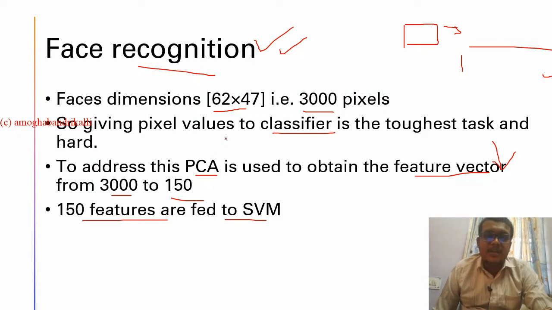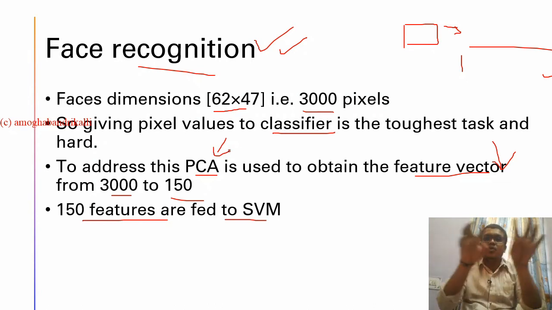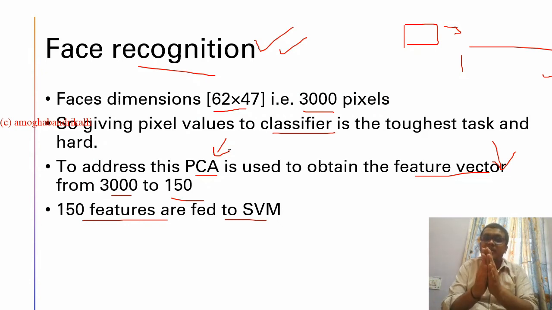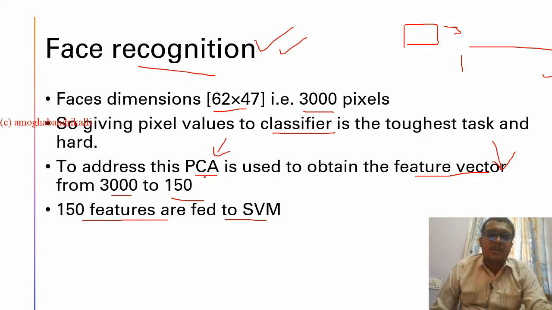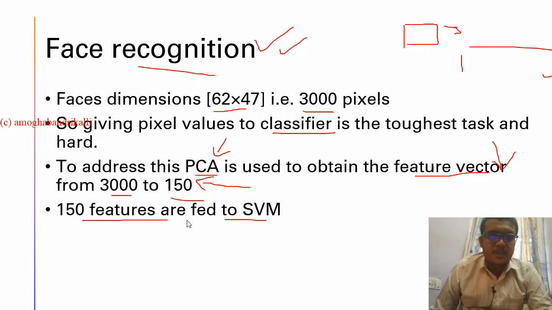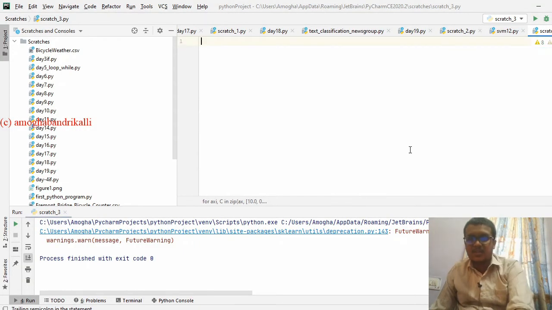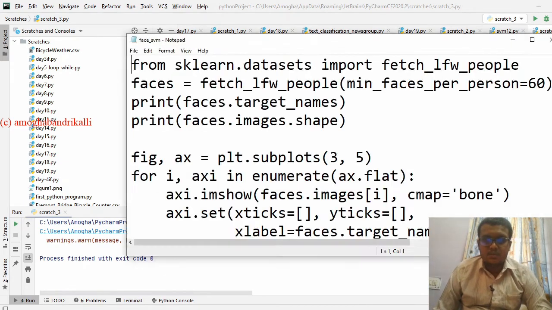Instead of taking the whole set of pixels, it gives the dominant eigenvalues, so the dominant 150 eigenvalues are derived from the 3000 pixel values. That much you can understand for this experiment. Okay, next we are going to face recognition. Let me take the code for this.